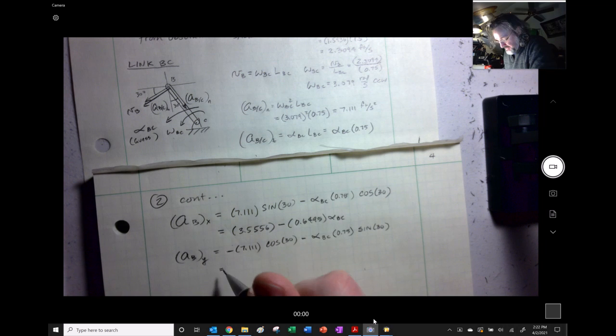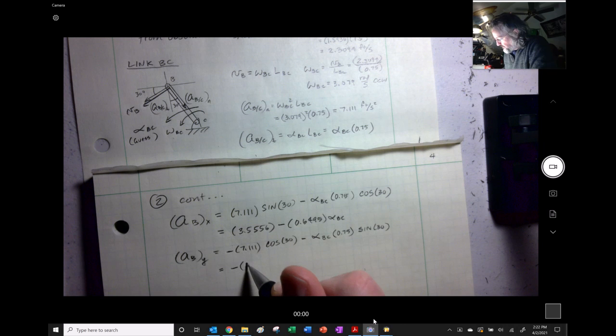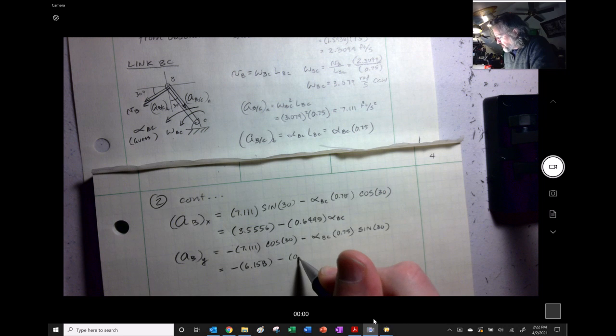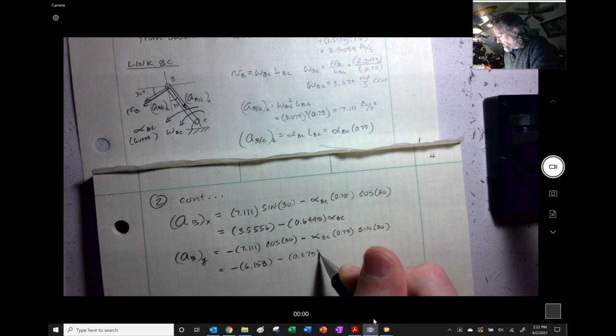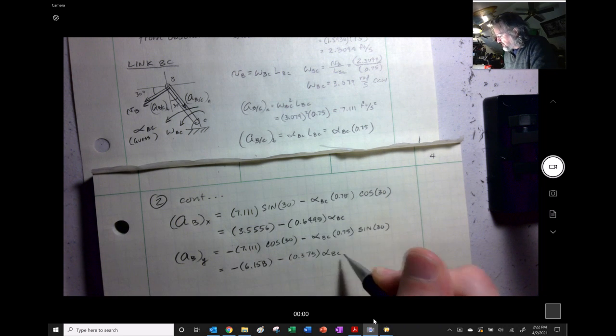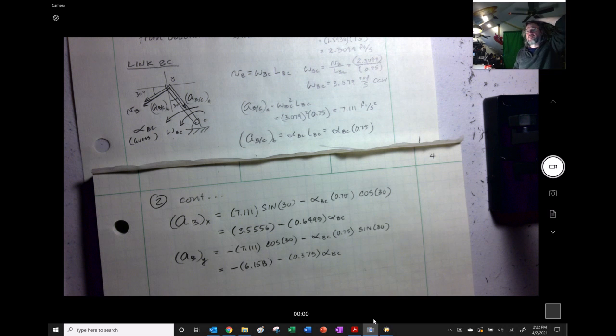So I'm going to rewrite this as negative 6.158 and negative 0.375 alpha BC. Remember that alpha BC in this case is assuming that it was going in a positive direction.